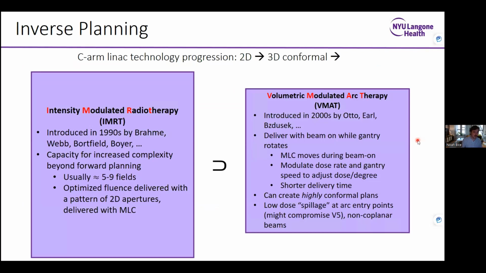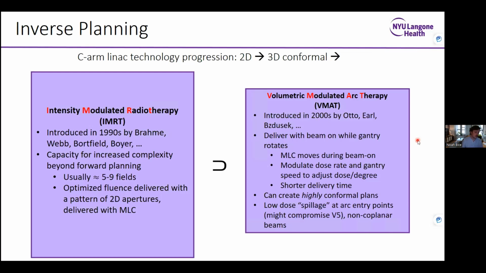So taking a step back, along the progression of the development of treatment technologies in radiotherapy, we've gone from 2D patient models to 3D conformal radiotherapy, and then today we're going to talk about intensity modulated radiotherapy, or IMRT, and volumetric modulated arc therapy, or VMAT.